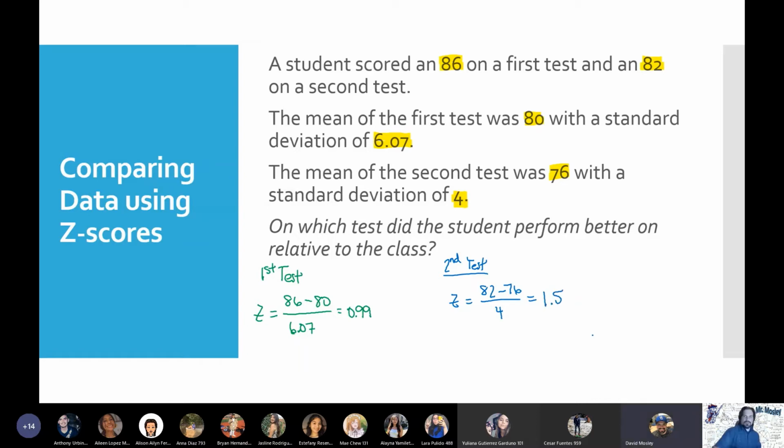All right. So then, based on our z-scores, which test did the student do better on? The first test or the second test? In other words, on which test did the student have a larger z-score?